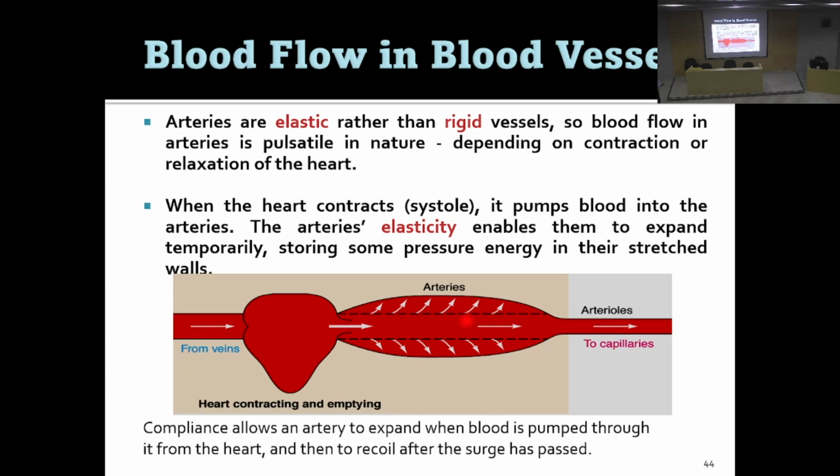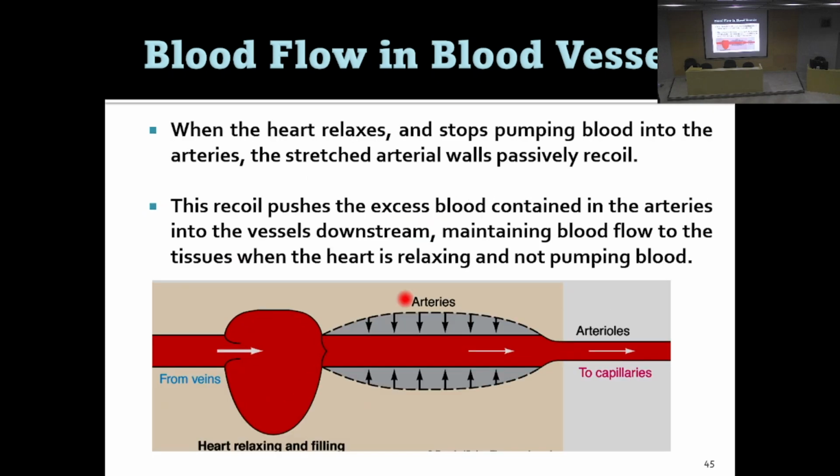When the surge goes by, they come back. So when the heart relaxes and stops pumping blood into the arteries, the stretched arterial walls passively recoil back. So the recoil pushes the excess blood contained in the artery into vessels downstream, maintaining blood flow to, for example, tissues and cells.